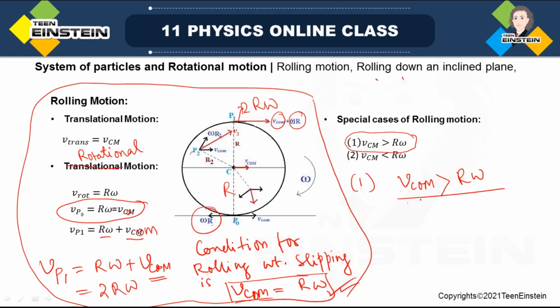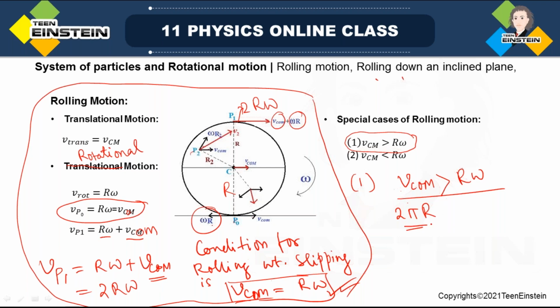What does this mean? In general, a circular wheel or disc, due to rolling without slipping, has its center of mass cover a distance 2 pi r for a full rotation.